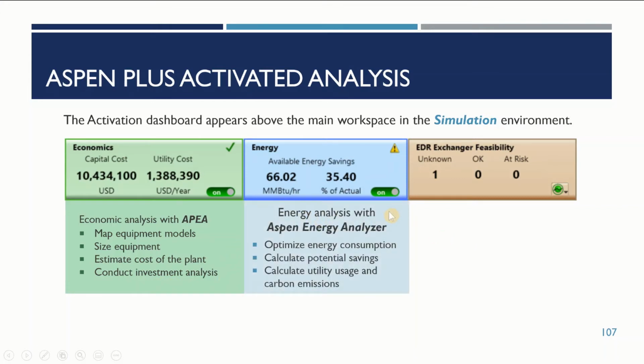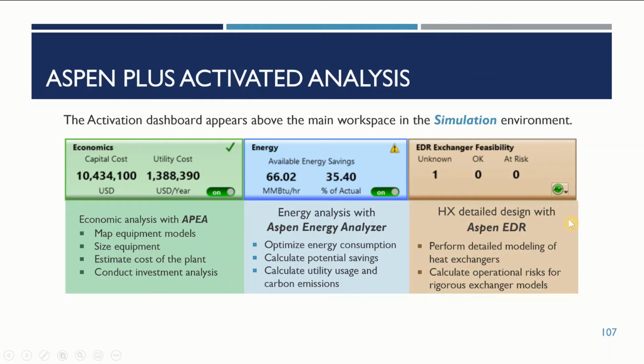The blue panel is the energy analysis performed by ASPEN Energy Analyzer. This will perform the optimization of energy consumption by using pinch technology, calculate the potential savings and utility usage, and carbon emissions from both processes and utilities.